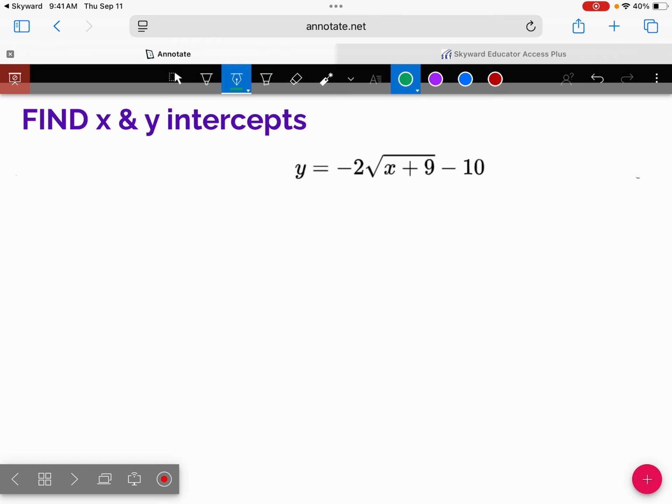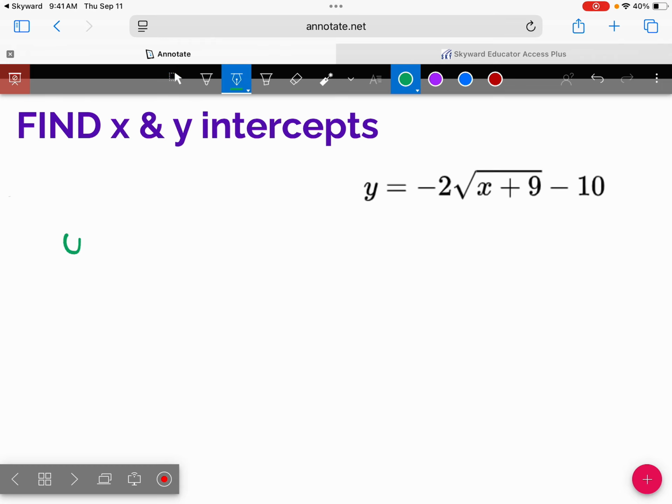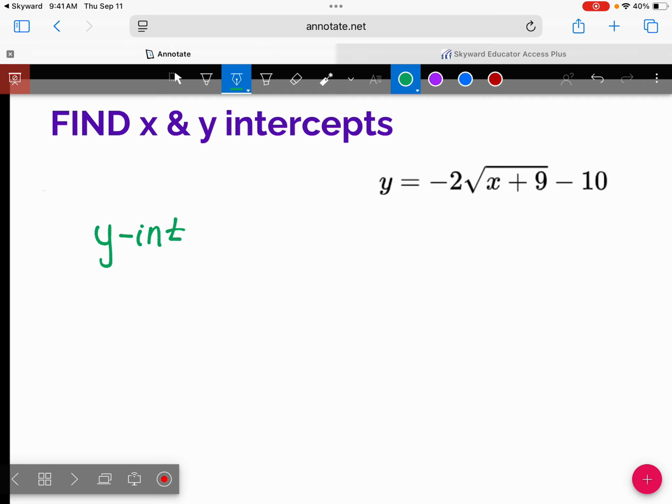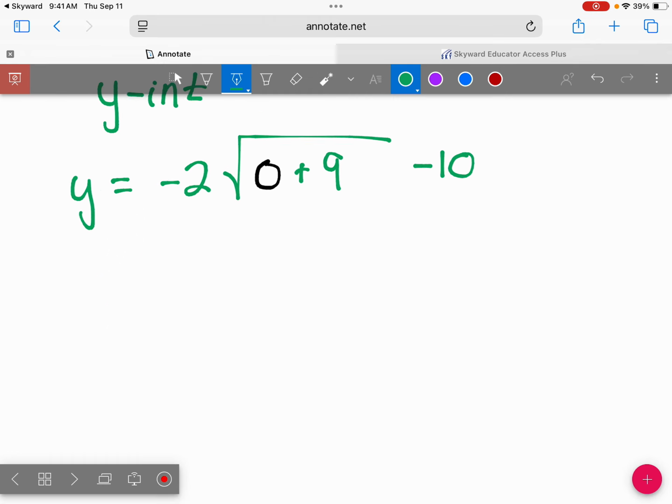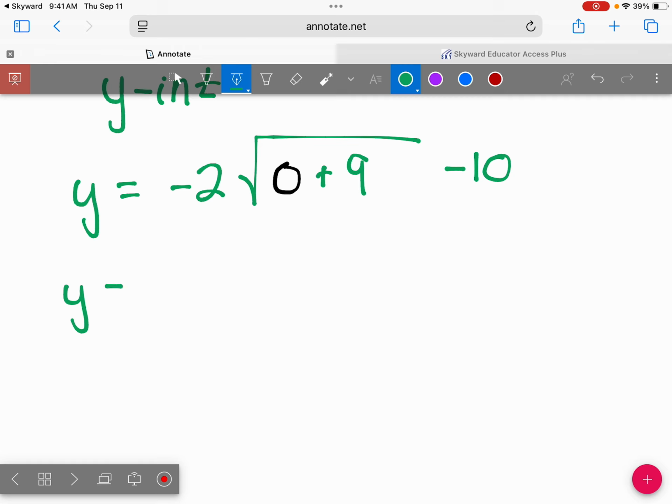So if we want to find our y-intercept, what do we need to do? Replace x with 0. So we know our y is going to be -2 square root of (0 plus 9), and then minus 10. Everything in here is a number, so we can simplify this. 0 plus 9 gives me 9.